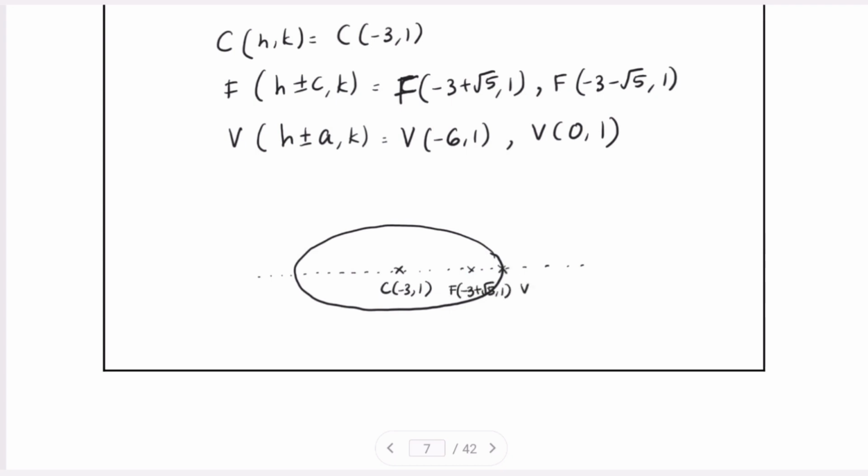And the vertex will be over here, which is (0, 1). Repeat the same process over here: it's (negative 3 minus root 5, 1), and the vertex over here will be (negative 6, 1). Don't forget to sketch or draw your axes. So this will be your y-axis.